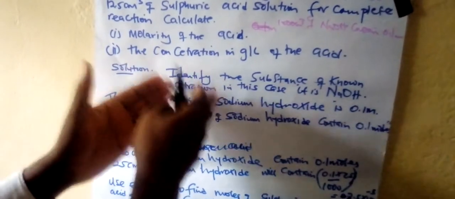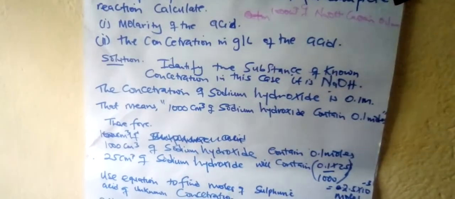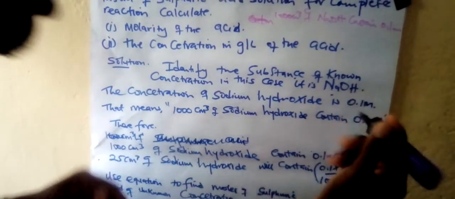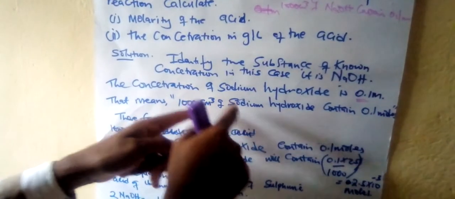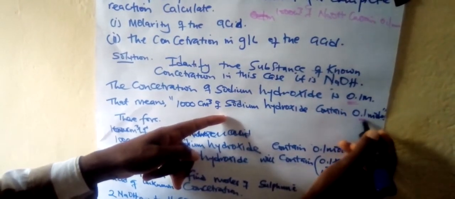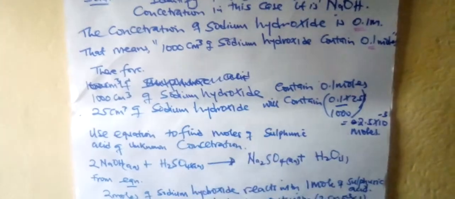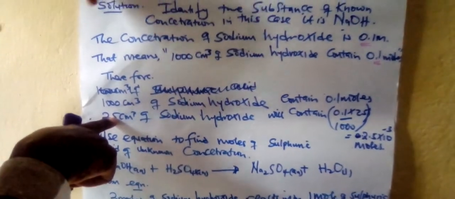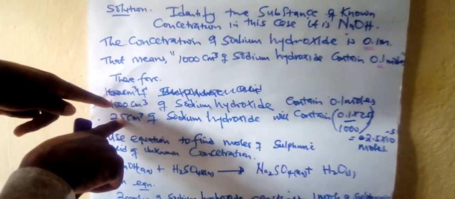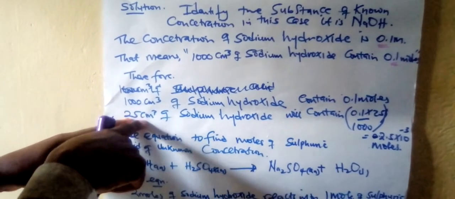Here we say identify the substance of known concentration. In this case it is sodium hydroxide, and the concentration is 0.1 molar. That means that 1000 centimeters cubed of sodium hydroxide contains 0.1 moles. But because 25 reacted with 12.5, we want to move away from the 1000 and go to 25, because it is the volume that reacted.